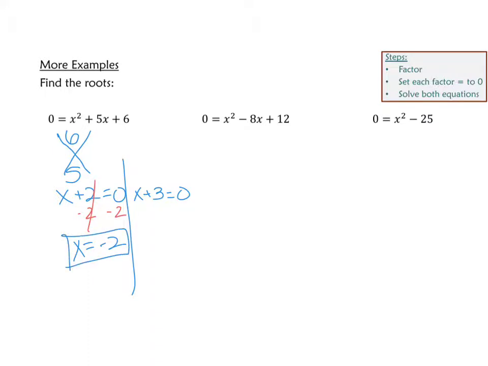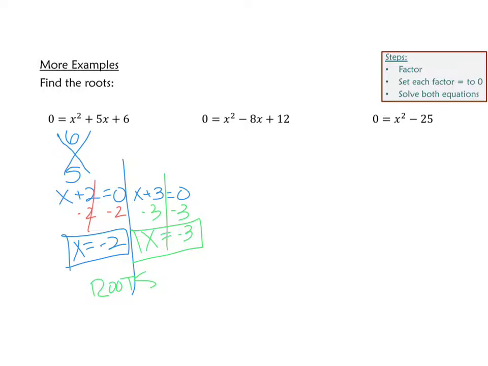The second is similar. Minus 3, minus 3. x equals negative 3. So my roots in this case are negative 2 and negative 3. How about our next example?